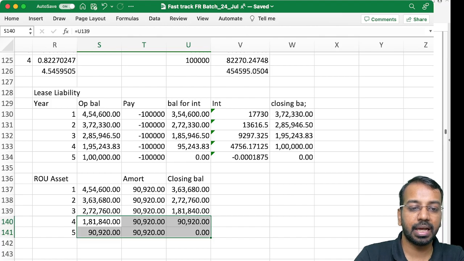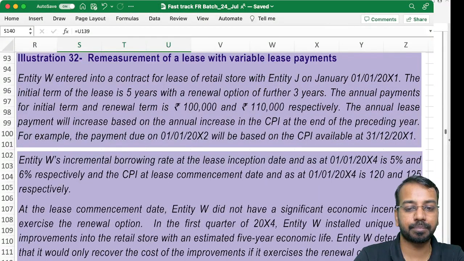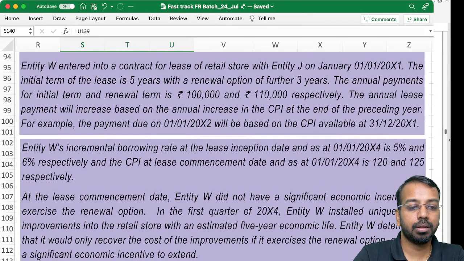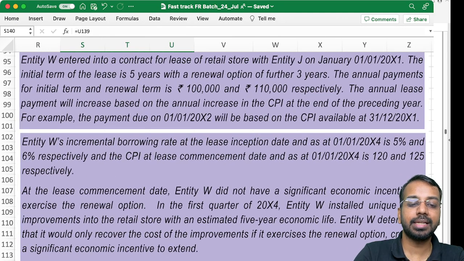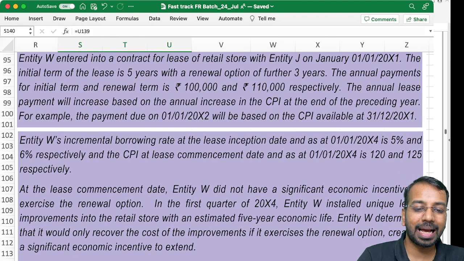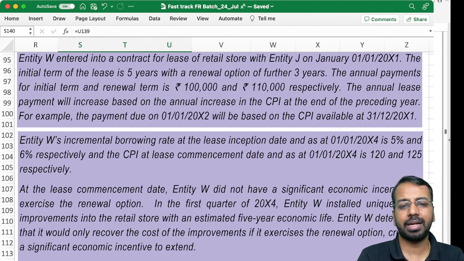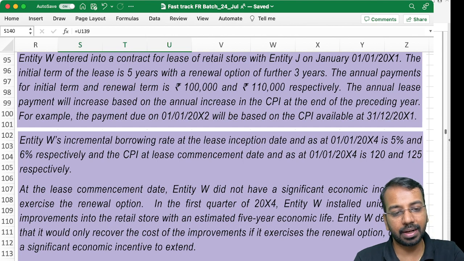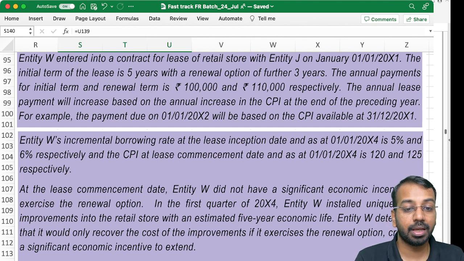Now, if we come back to the question, what it says is, at the lease commencement, entity W did not have a significant economic incentive to exercise the renewal option. So we said, okay, renewal will not be exercised. We'll calculate for 5-year period only.